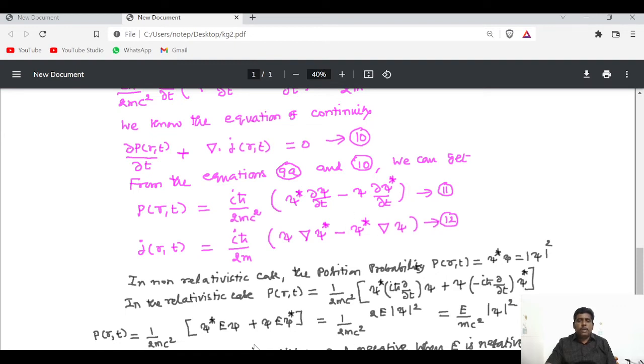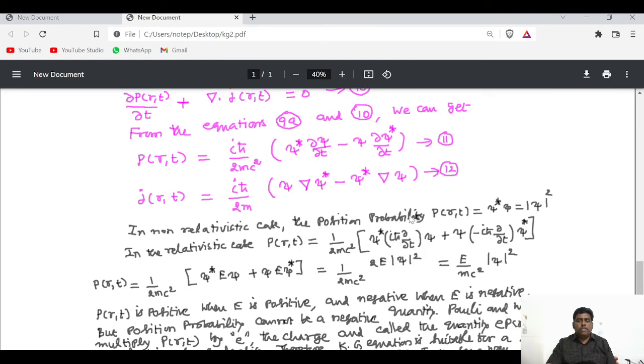Furthermore, if you take this equation for P of r comma t, here 1 by 2 mc square is maintained as such, this psi star is present as such, this iħ is taken inside the bracket, iħ dou by dou t into psi. Just combine this iħ with dou by dou t for our convenience. Then plus, this minus sign is combined with this iħ, plus the psi is present as such, minus iħ dou by dou t into psi star.